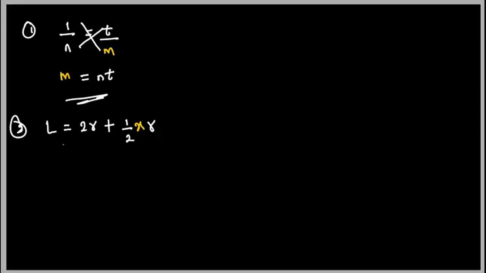Now, you will agree with me that this can be written as L equals to 2R plus half xr. Half xr means half times xr, like this. Half xr also means 1 over 2 times x times r.